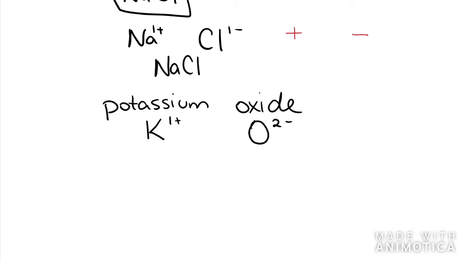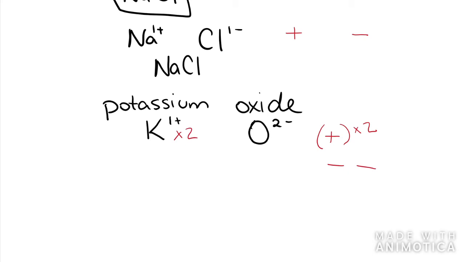So if we look at our positives and negatives, I have 1+ and I have 2 minuses. So what do I do to make 0 pair? Well, I have to take this positive and I have to multiply it by 2. So if I need 2 of these positives, that means I need 2 of these potassiums.